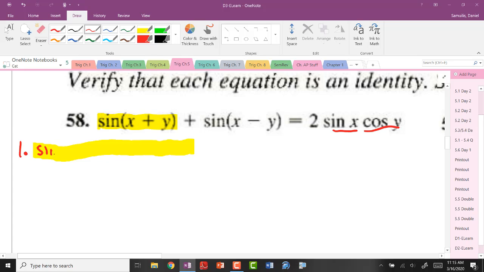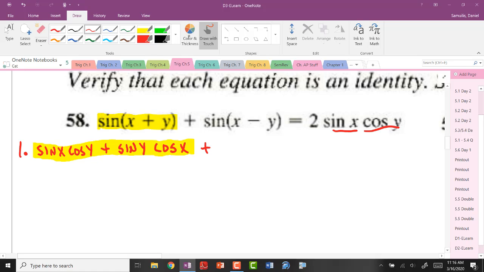And the sum rule for sine is sine x cosine y, same sign, plus, and then I just like doing it this way, sine y cosine x. That is the sum rule for sine, so I'm going to do something. Identities say, all right, I do these substitutions, I see what happens, and then do I come down to something that equals the right side?